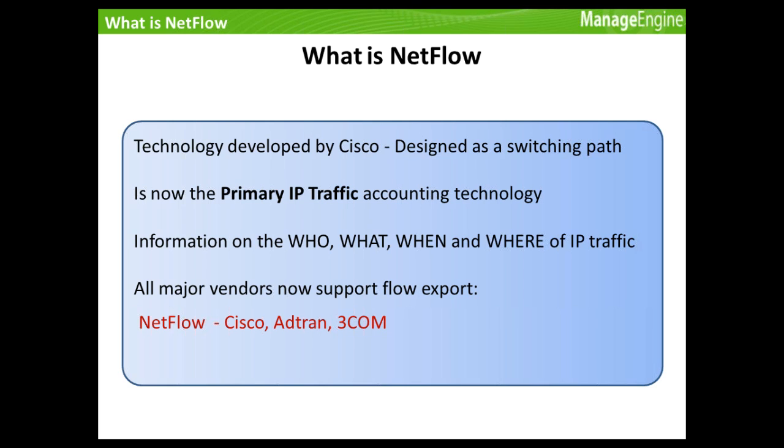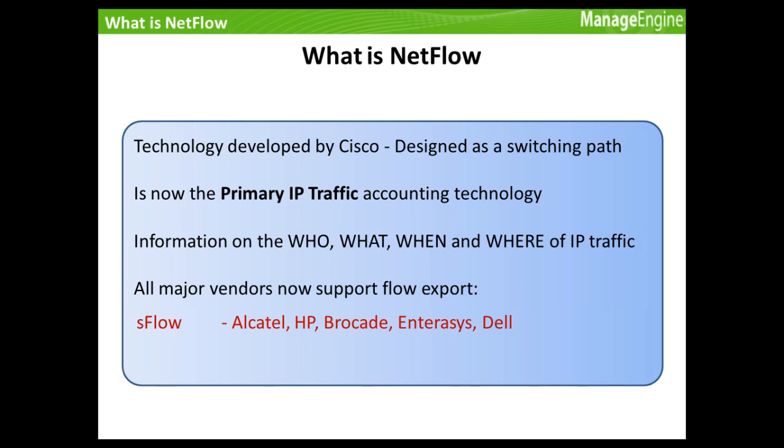NetFlow gives you information about the who, what, when, and where of IP traffic, and every major vendor supports it. Over the years this has increased. Initially we just had NetFlow from Cisco, Adtran, and 3Com, and then there was also S-Flow, which a few of the vendors supported, and J-Flow from Juniper.